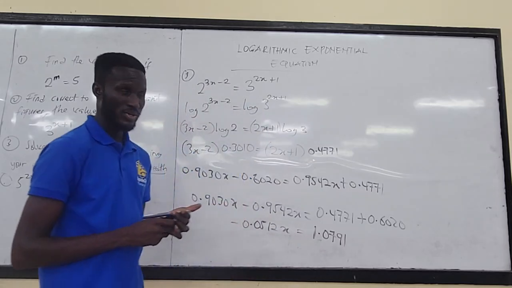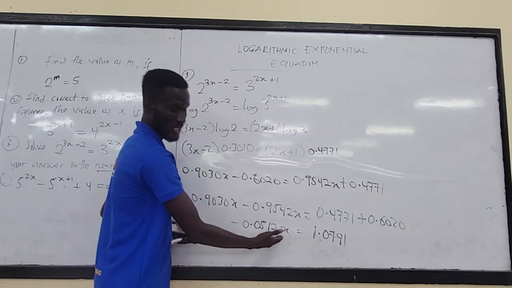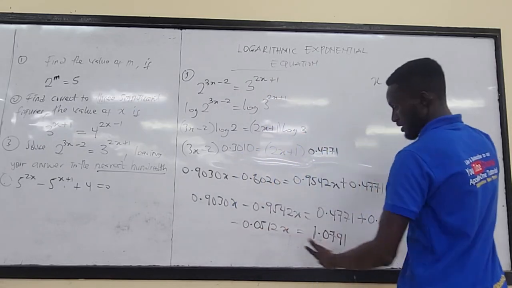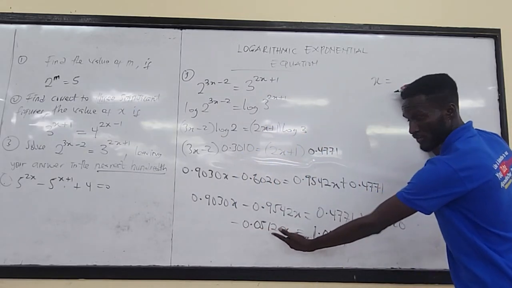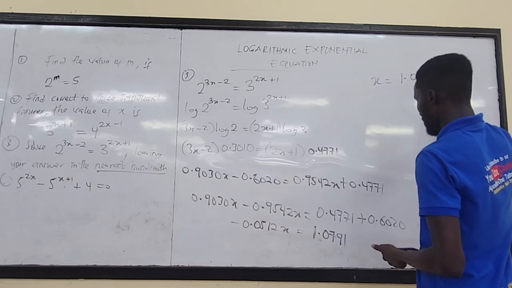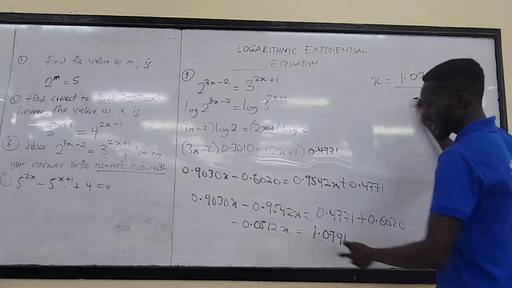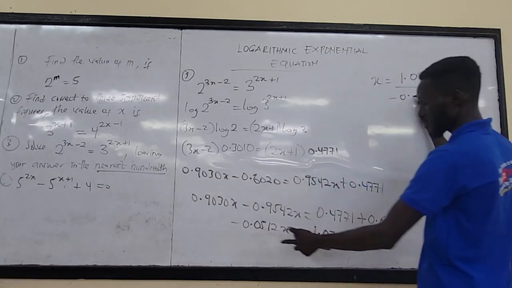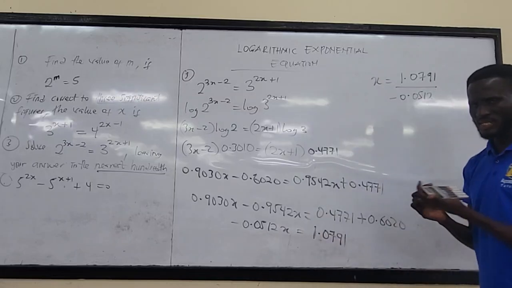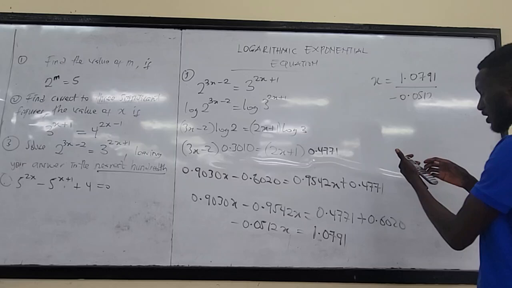Now you see how simple it is. All you have to do is to divide both sides by the coefficient of x. So we have x equal to 1.0791 divided by minus 0.0512. You see how the thing is, punch it in the calculator to get your answer.